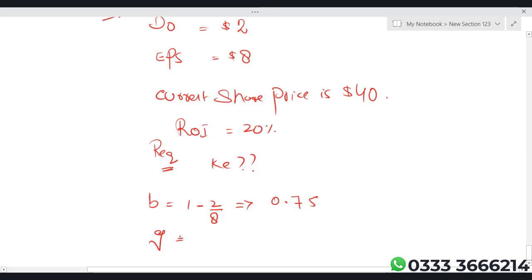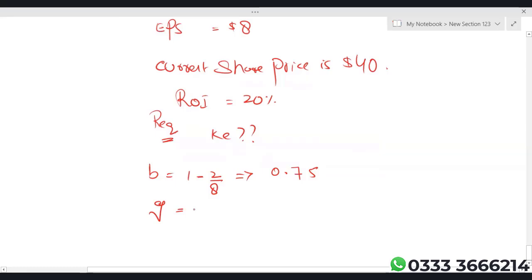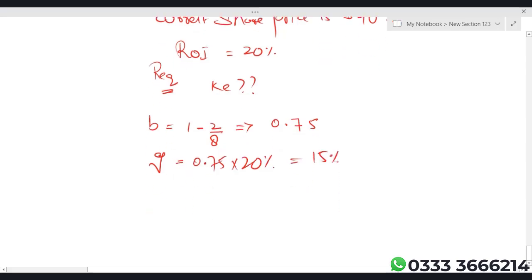So B is equal to 1 minus payout ratio. I'm getting retention 0.75. So G is equal to BRE, 15%. D naught, there's 40.